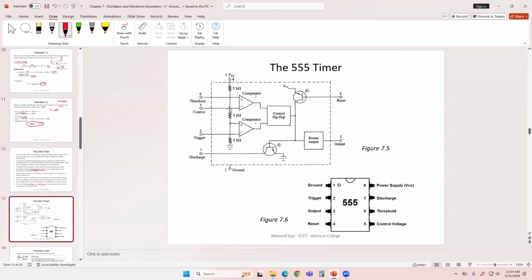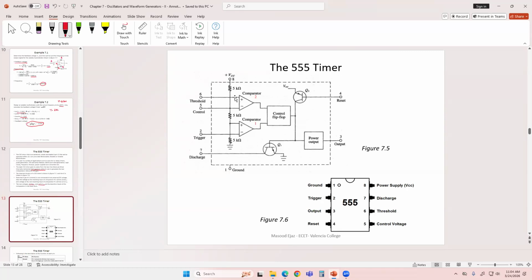So since this will be 2/3 of VCC, if the voltage at the threshold exceeds 2/3 of VCC, then the output of comparator 2 is going to be high. And if it is less than 2/3 of VCC, then the output of comparator 2 will be low.